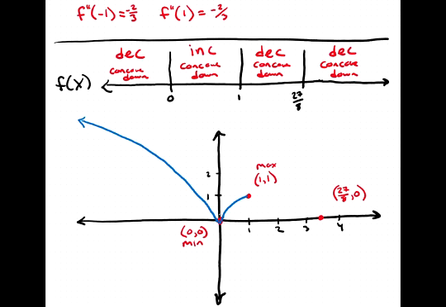It's a saddle point. Then from 1 to 27/8, the function is decreasing, concave down. So it's going to continue going down, but concave down. And then in this fourth interval, from 27/8 to infinity, the function continues to decrease, concave down.